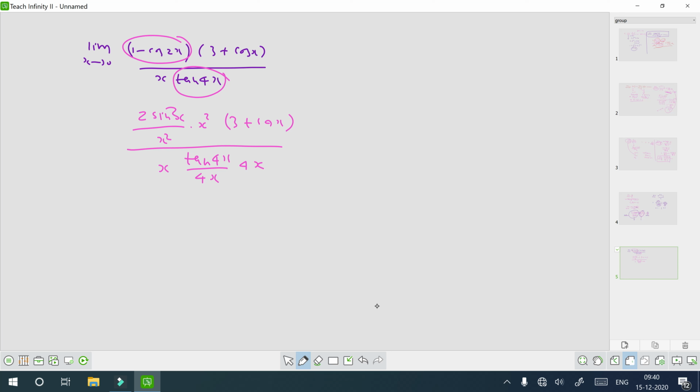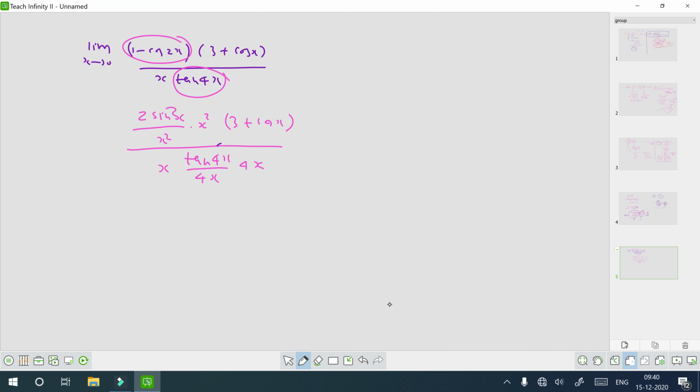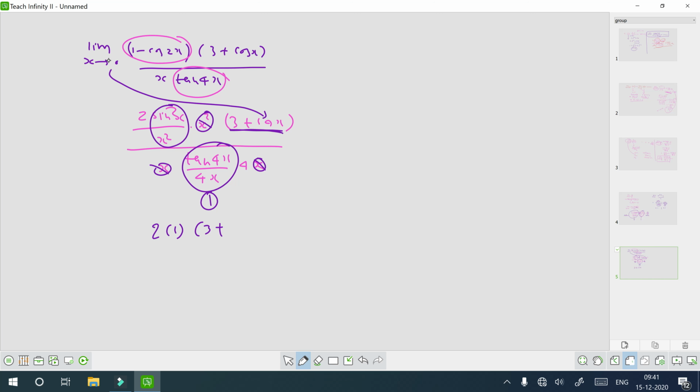X is already here. Now see here. This comes out 1. This also comes out 1. X square is with x and x get cancelled, and this also comes out 1, and put the limit here. So here 2 into 1, x square, this one get cancelled, 3 plus cos x tends to... sorry, x tends to 0, put here, x tends to 0, cos 0 is 1 over 4.